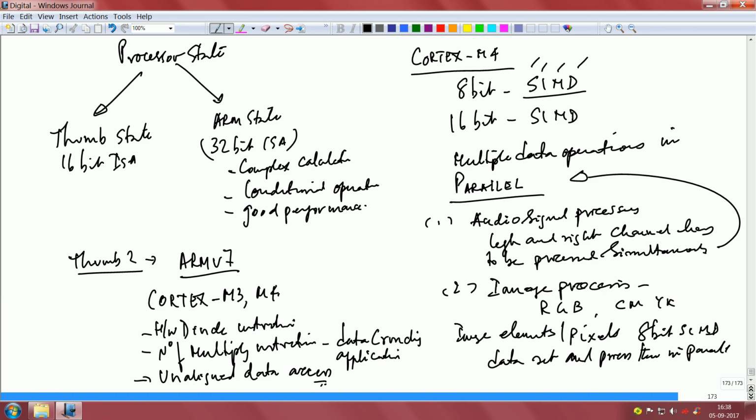So what happens is all RGB gets processed in one go, just straight away it gets processed in one go.